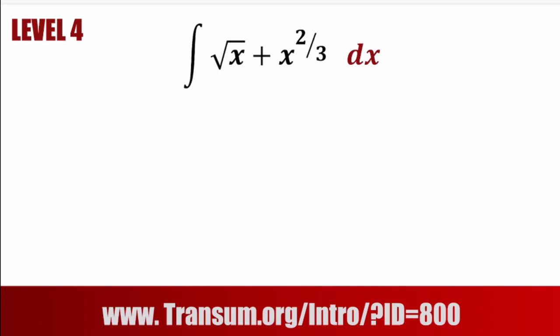Okay, this integral involves a square root and an odd index there, 2/3, x to the power 2/3. So to make life easier for myself, the first thing I'm going to do is write down the root of x as x to the power 1/2. And this stays as it is, x to the power 2/3.